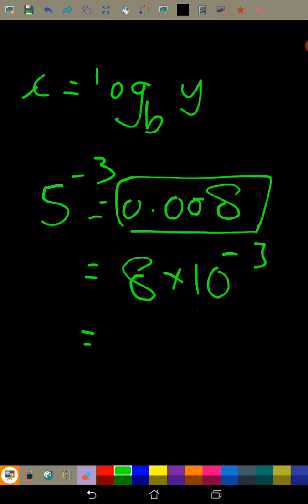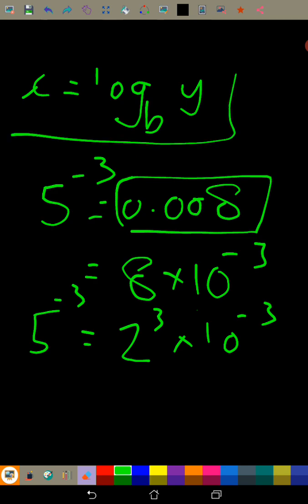So what is it about? Here we have 2 to the power of 3 times 10 to the power of minus 3. We need to have something like that.